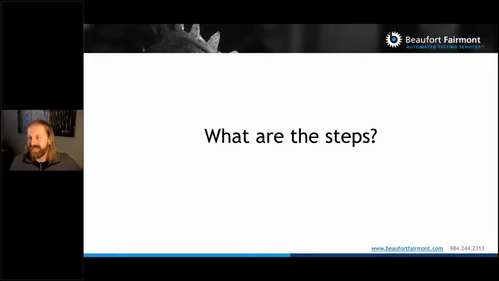So one of the things that I did in walking through this was write down what steps I make in this decision-making process, and how I help companies walk through this. I also went out and did some research on it. It turns out there are 2 major decision-making formulas out there. I don't have the references in these slides, but if you email me at paul@beaufortfairmont.com, I'd be happy to send them to you later.